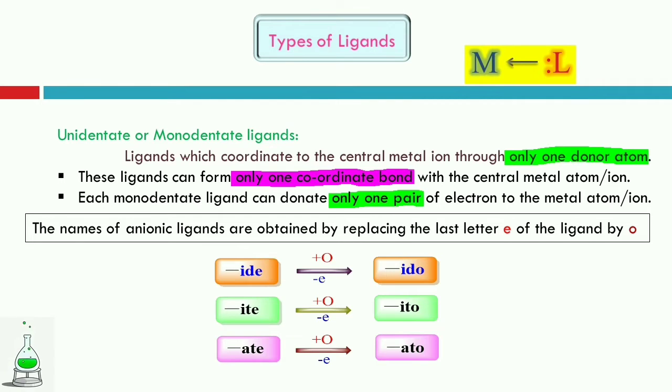Similarly, the anionic ligand which is ending with ITE, the ending E is replaced with O in order to get ITO, and the ligand which is ending with ATE, here E is replaced with O in order to get ATO. Let's see some of the examples of these unidentate or monodentate ligands in the next slide.